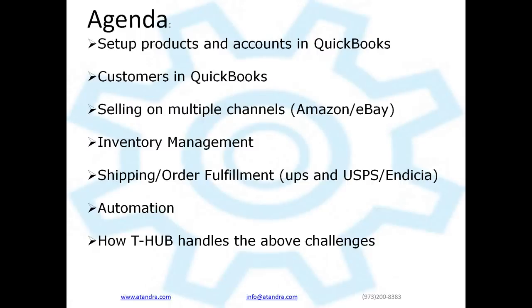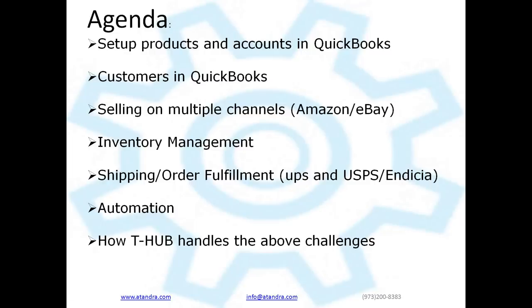In this presentation, I'll go over some of the main points from an integration point of view between website, QuickBooks, and shipping. Points to consider would be how you set up products and accounts in QuickBooks. How do you manage customers in QuickBooks, given that the QuickBooks customer list is limited?